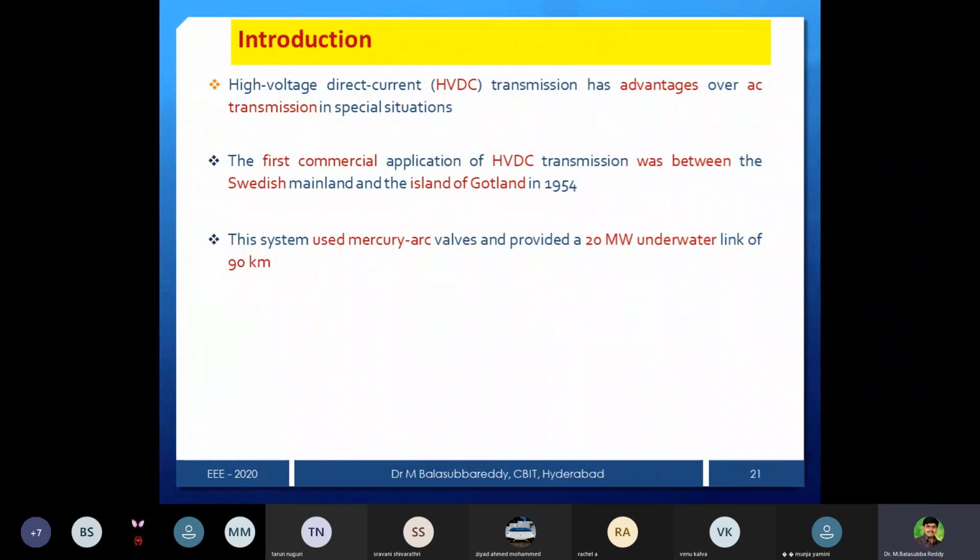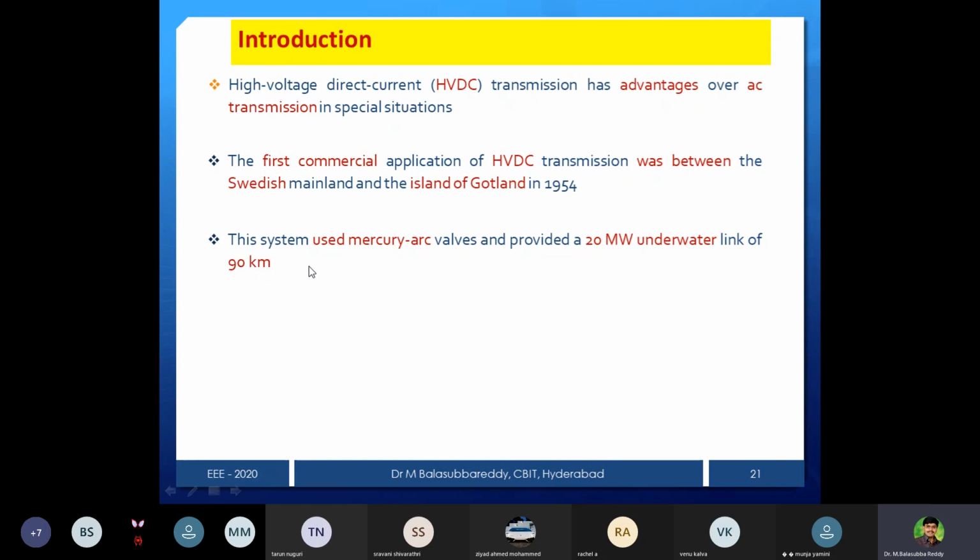We discussed yesterday some of the slides, a table showing which year, what the voltage level and distance were, in which country they established it, and what type of valve they used. All these things I described in table fashion. In that way, you can see here mercury arc valves were used initially in that system. A 20 megawatt underwater link they used, up to 90 kilometers.